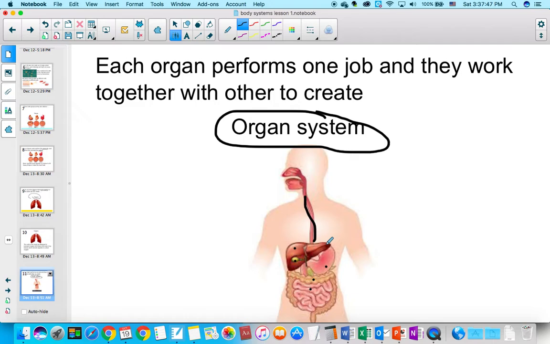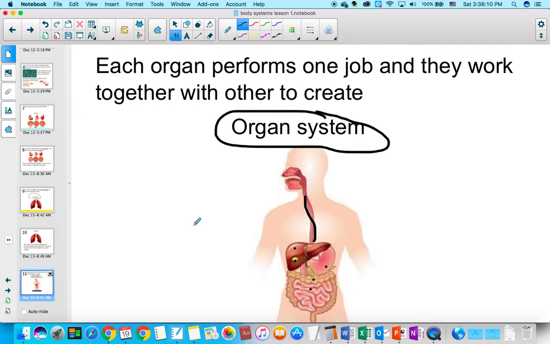But that stomach organ also works together with our liver, made up of liver tissue and liver cells, and with our esophagus, made up of esophageal tissue and esophageal cells, and with our small intestine and large intestine, and so on, to make our organ systems.